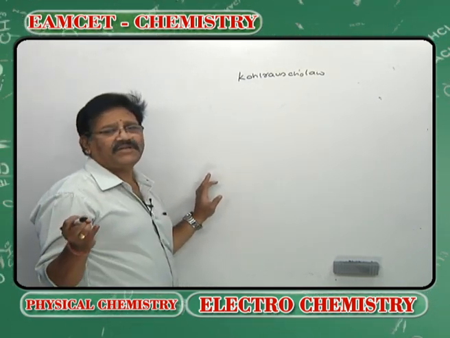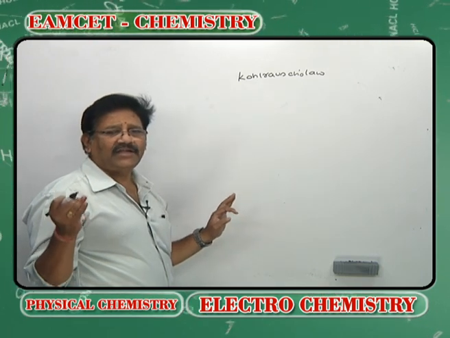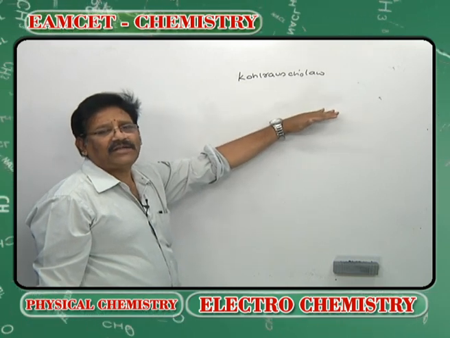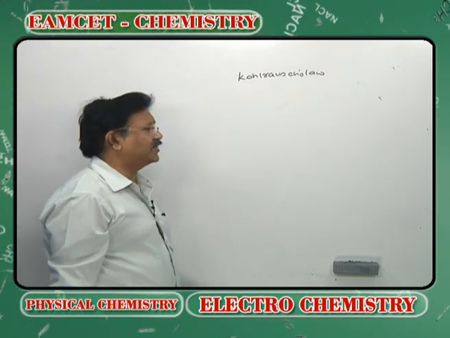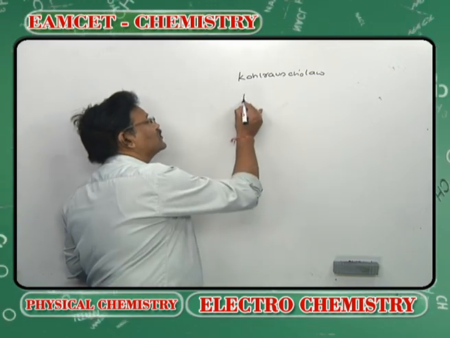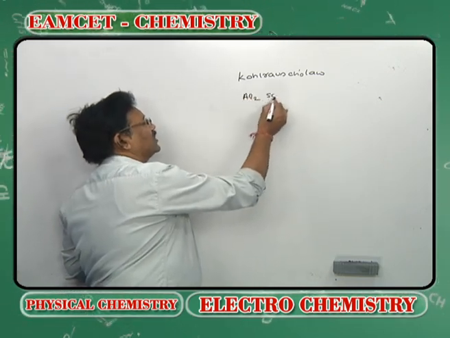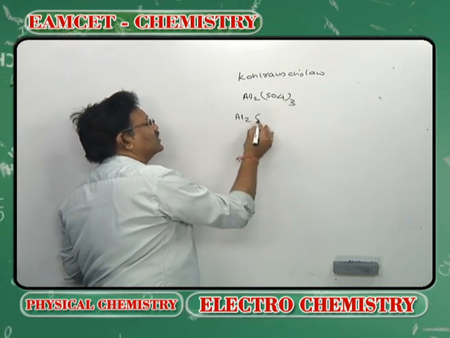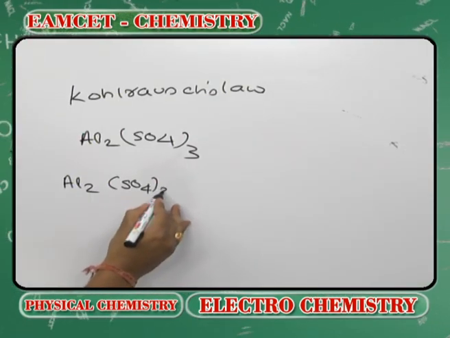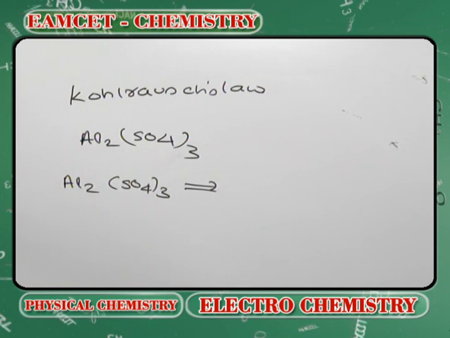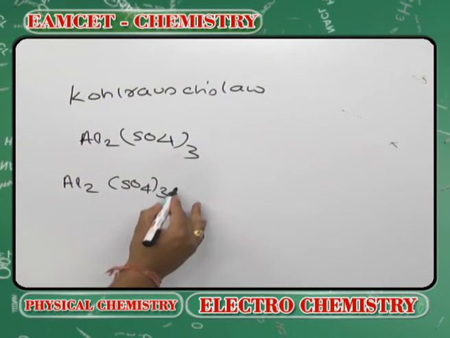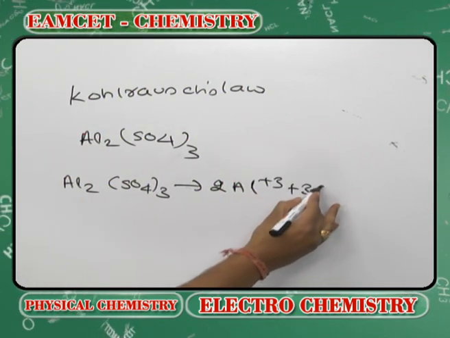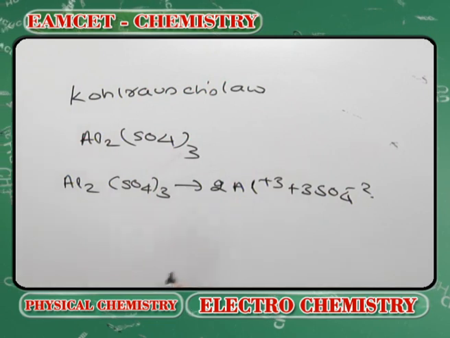We have specific conductivity, molar conductivity, and equivalent conductivity, and the methods of expressing molar conductivity and equivalent conductivity. For example, Al2(SO4)3 ionizes into 2Al+3 plus 3SO4-2.